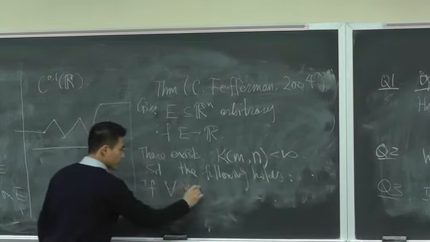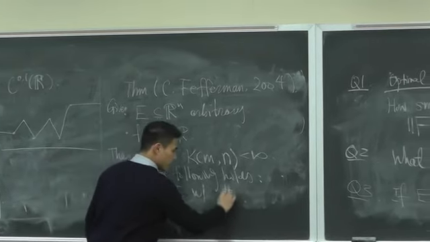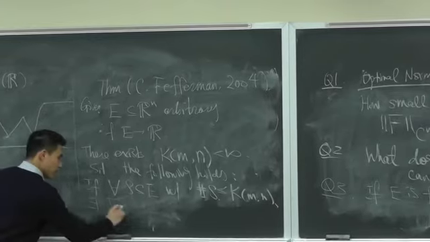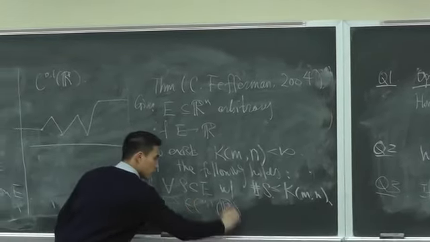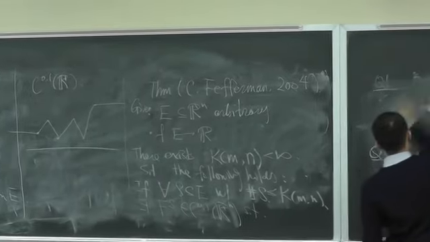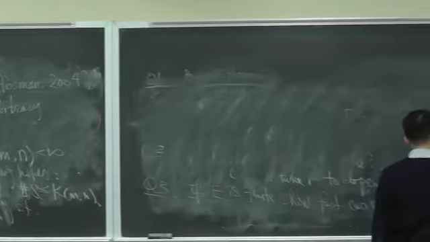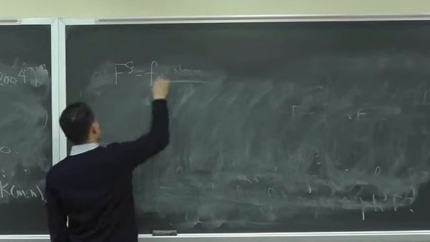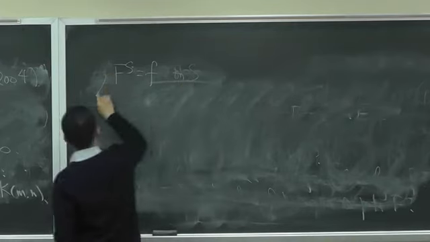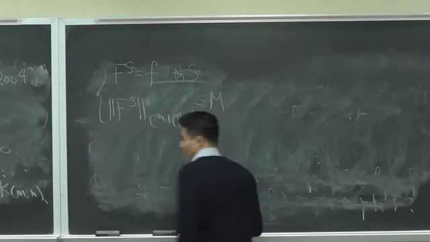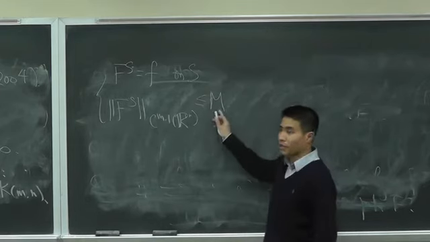If for all subsets S of E with no more than K points in it, there exists a function in C^{m,1}(R^n) such that the function agrees with little f on S, and when you measure how regular it is in C^{m,1}(R^n), it is controlled by some constant M. A point I want to make here is that the M has to be independent of which S that you look at.